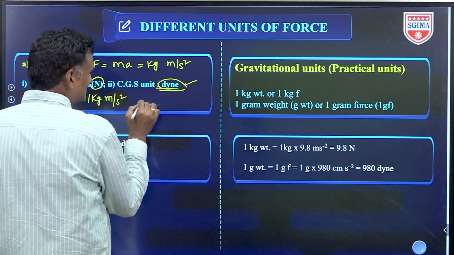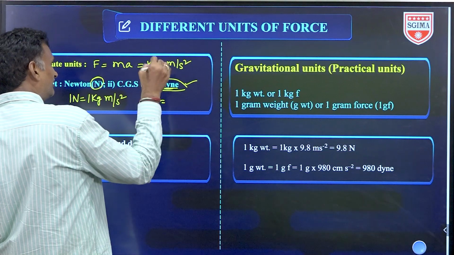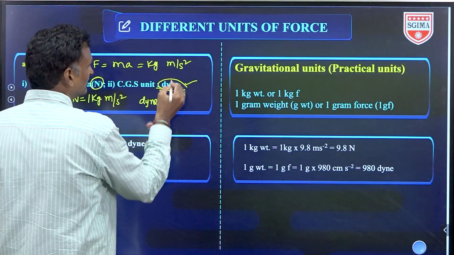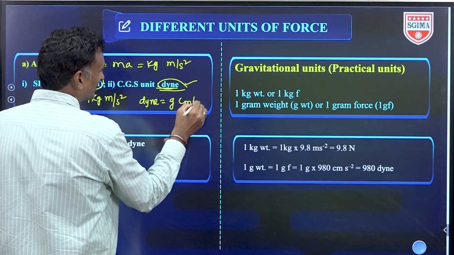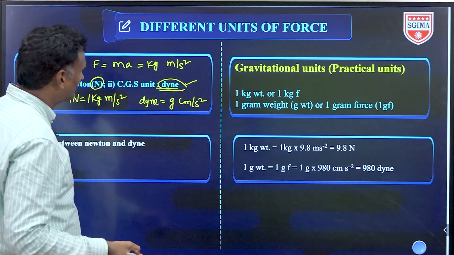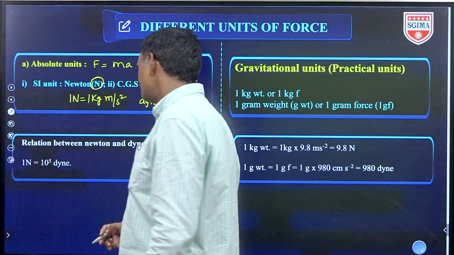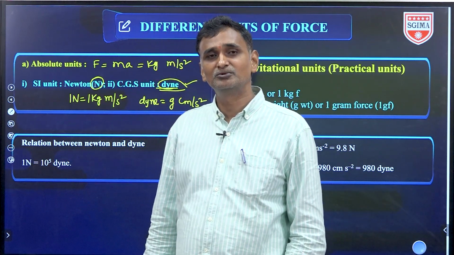Dyne is the CGS system, so 1 Dyne equals, writing these values in CGS, kg becomes gram, meter becomes centimeter, second is the same, so gram centimeter per second square. Next, the relation between Newton and Dyne: 1 Newton equals 10 power 5 Dynes.